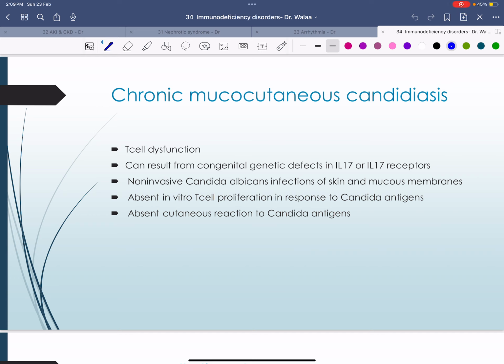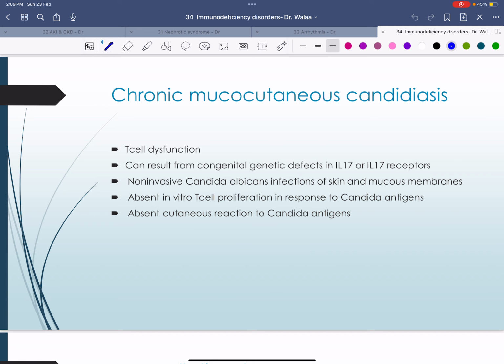Now the problem is that as a result of the deficiency or genetic mutation in the IL-17 receptor, the alpha receptor of IL-17, we have reduced interleukin 17 and interleukin 22. Now interleukin 17 and interleukin 22 play a major role in neutrophil recruitment to the site of infection.